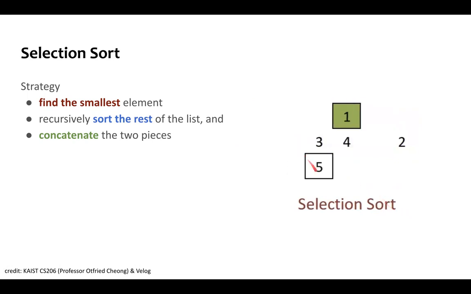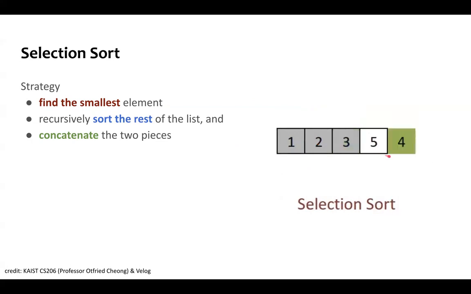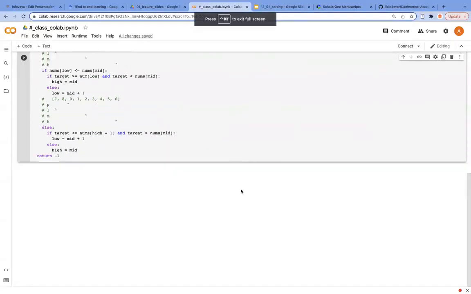Let's say the first item was sorted and we find the smallest item and we exchange these 2 items, all right? So step by step, we find the smallest one and put it at the front, all right? And let's implement this selection sort together.